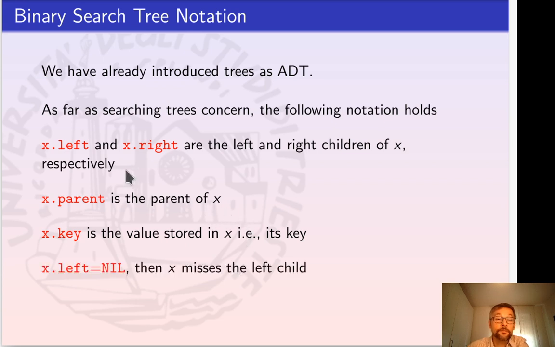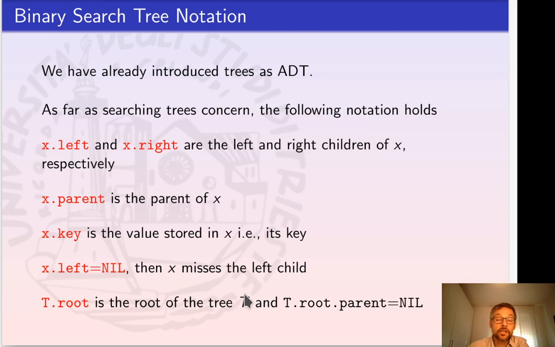And what if my node hasn't any left child? To test this condition, in which x hasn't any left child, we may apply this piece of code. We simply verify whether x.left is equal to nil, and if this condition holds, then this means that x has no left child.